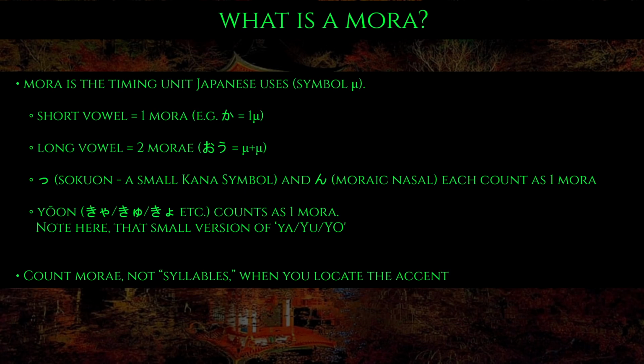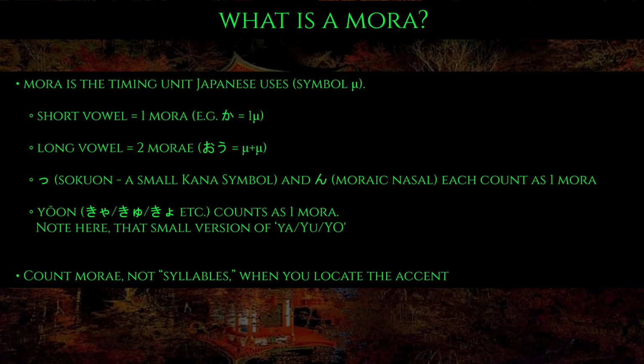Now, real quick, what is a mora? You see, a mora is the timing unit Japanese uses. Here we are using the symbol mu. So we have a short vowel, and that is one mora, for example, ka. When we have a long vowel, that would be two morae, for example, o.